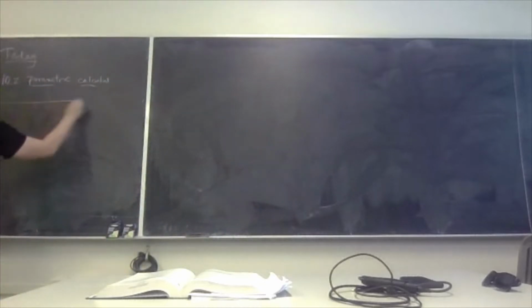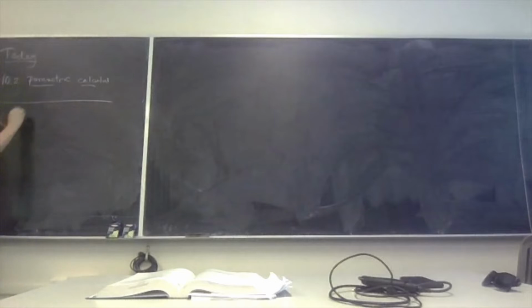So remember the last time, we defined what we meant by a parametric equation, which you can think of as being x is a function of t, y is a function of t, and then we think about the curve generated by these functions as being the set of coordinates that you get by sticking these together, right?